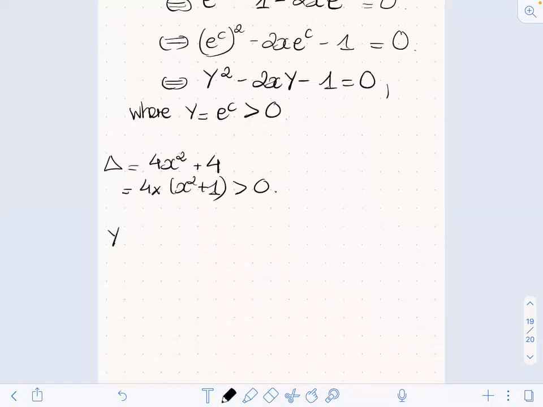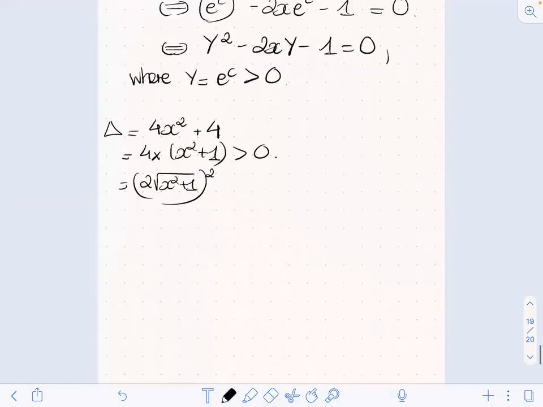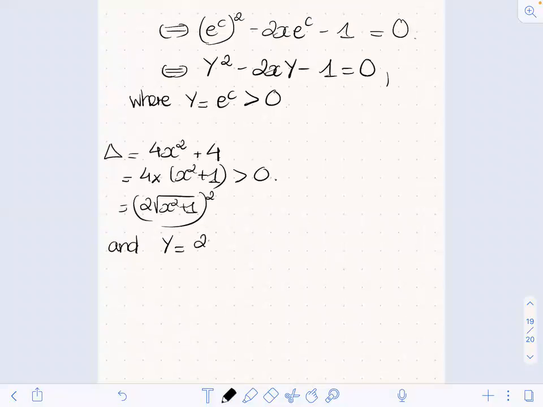So if we want to compute the roots of this equation, we can write the square root of delta as 2 times the square root of x squared plus 1, and y is equal to either 2x minus 2 square root of x squared plus 1, over 2, or y is equal to the same thing with a plus sign between.